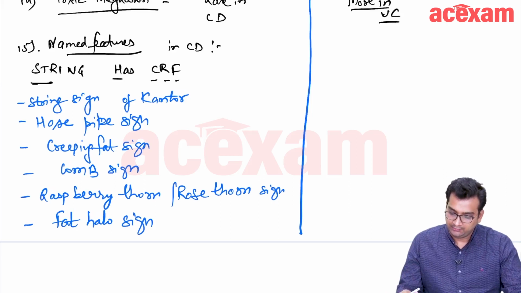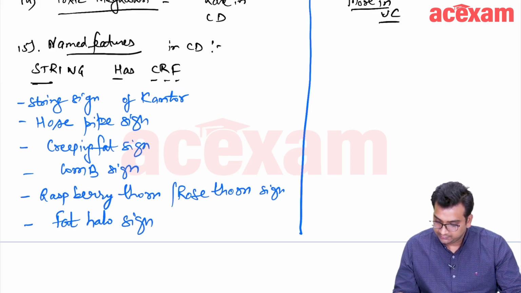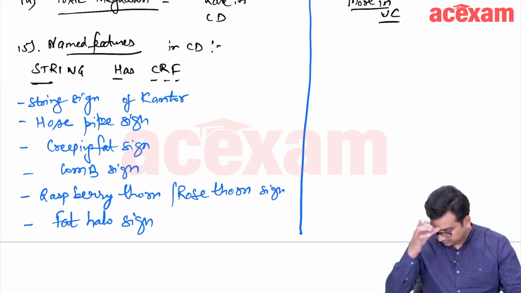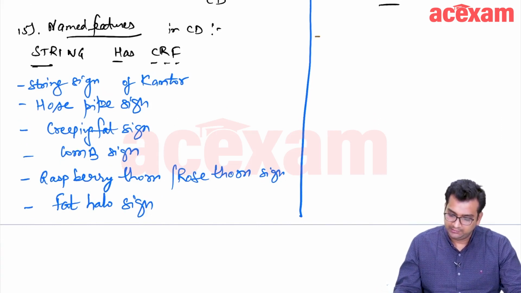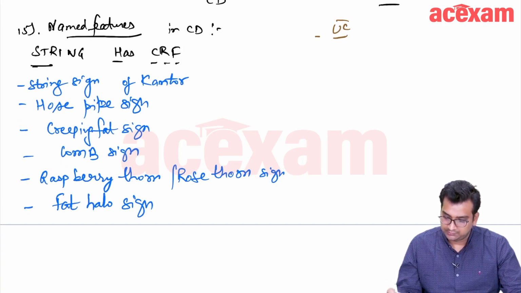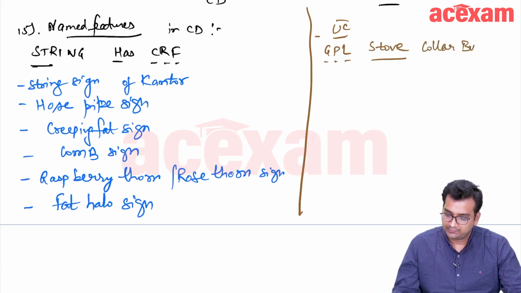Now, what are the named features in ulcerative colitis? They can be remembered by the mnemonic GPL stove collar button.